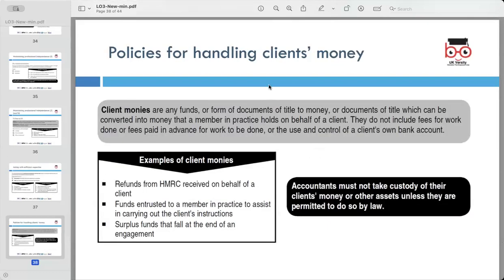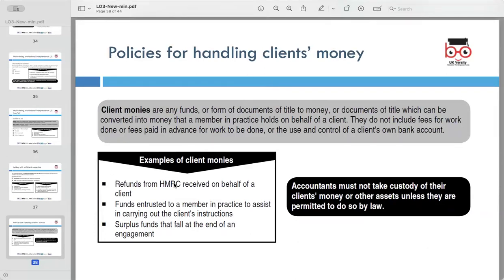Policies on handling client money, which covers funds held by accountants on behalf of clients, require careful handling to maintain ethical standards and prevent conflict of interest. Basically, accountants should not take custody of client money or assets unless legally permitted to do so.